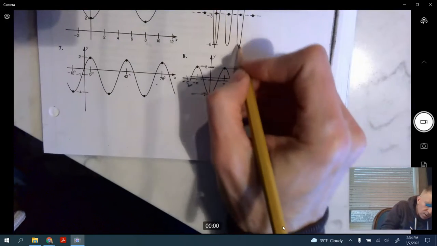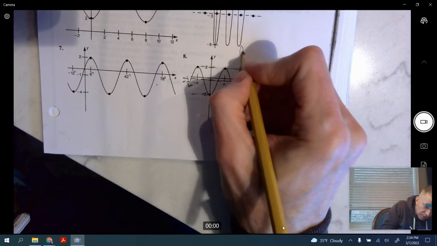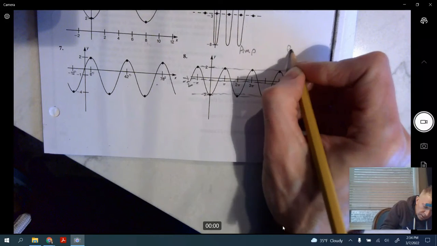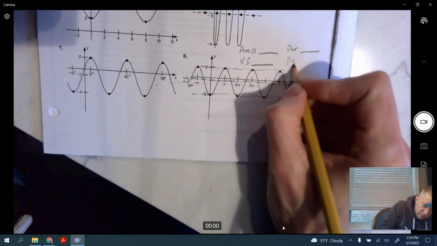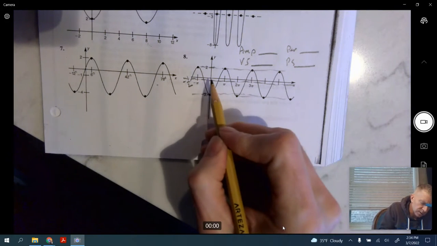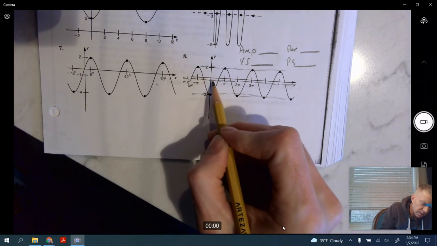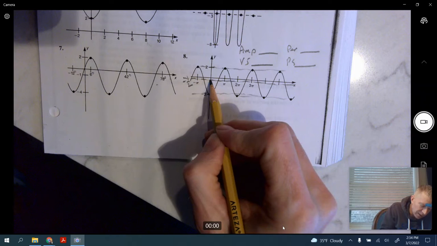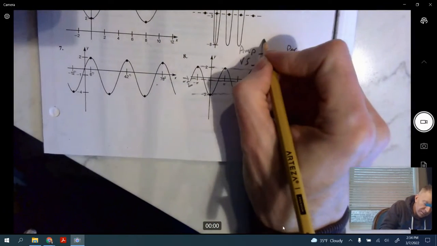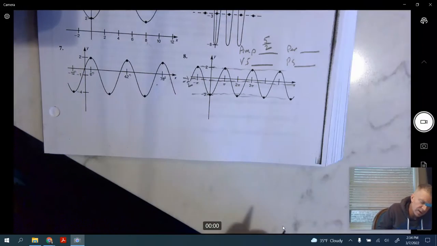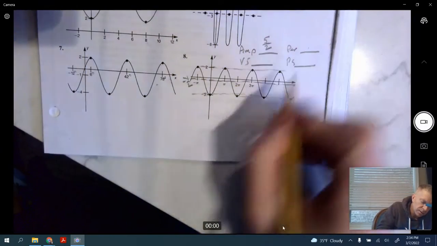Okay. So we've got amplitude, period, vertical shift, phase shift. So the amplitude is the distance from the middle to the top and middle to the bottom. So from -1/2 to 2 is 2.5. Let's call it 5/2. Period.